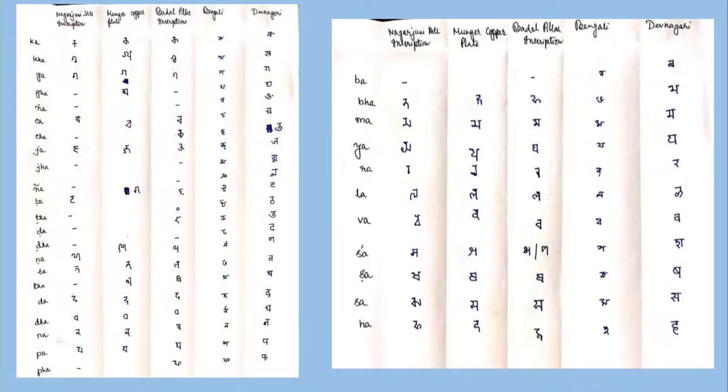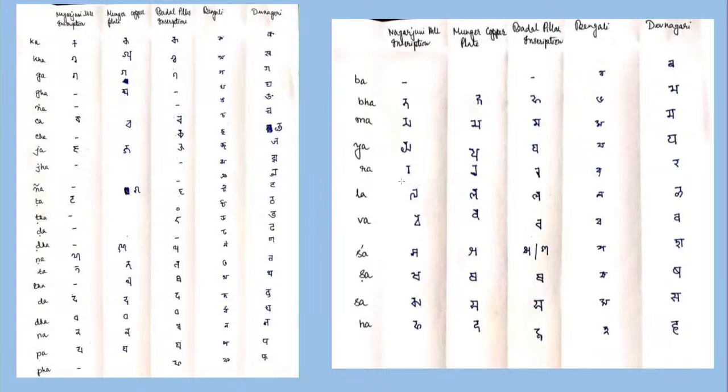See the form of Na. This is entirely different in the 6th century, whereas it is also different in the 9th and 10th century inscriptions. See the form of Ma. This is more or less similar in the 6th century, the 9th century and the 10th century. The Ya is again dissimilar with the later forms like the 9th and 10th century.